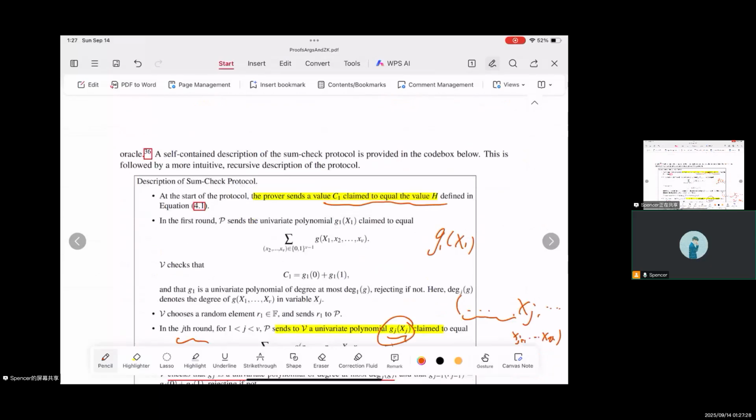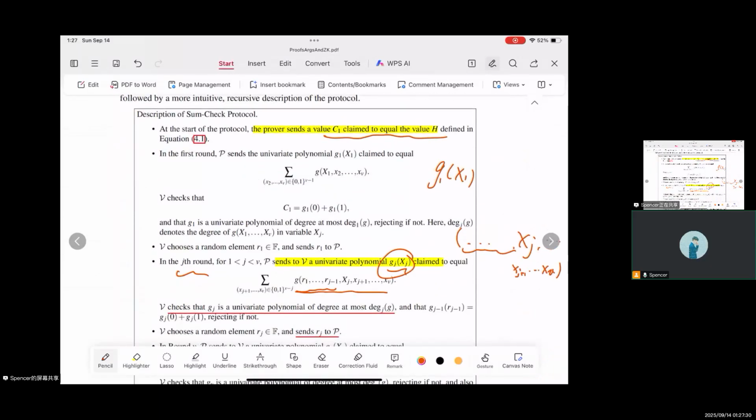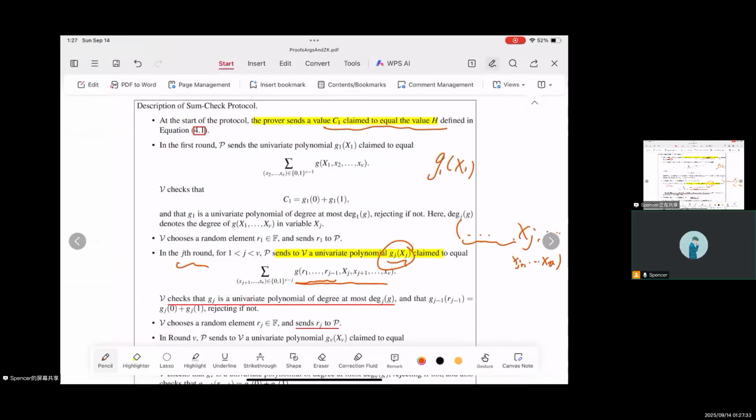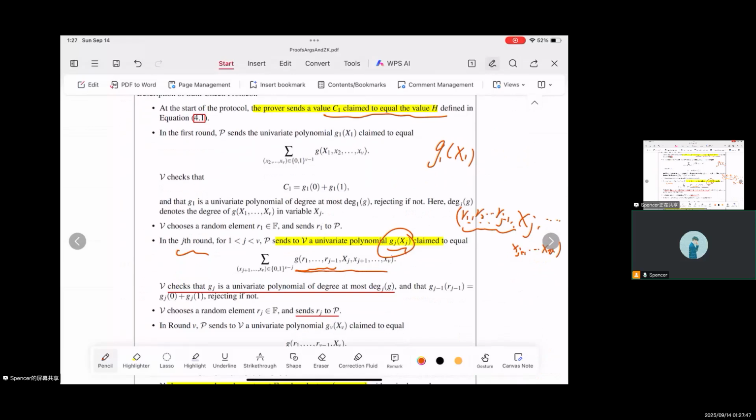These r's are sent by the verifier, and they will be used to fix the variables parallel to xj. So here it should be r1, r2, up to r(j-1), and then here comes the xj. These values are obtained by the verifier, so the verifier fixes these values.